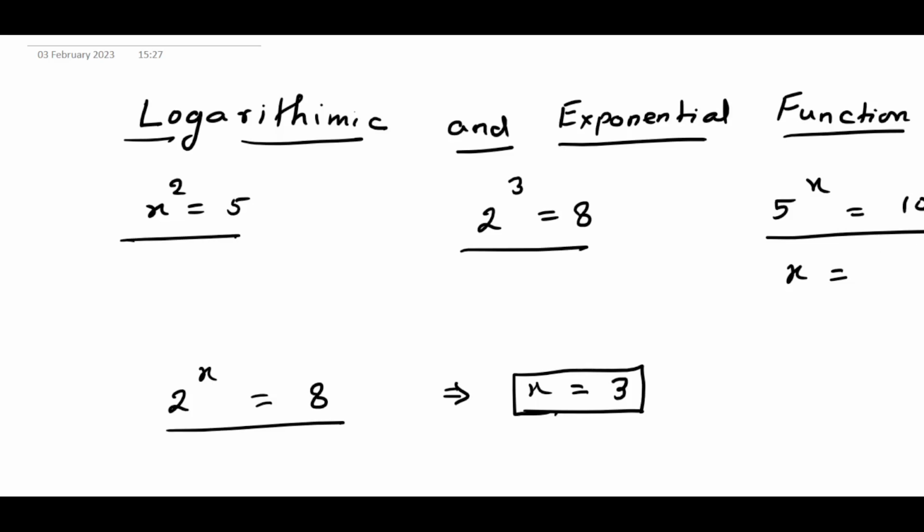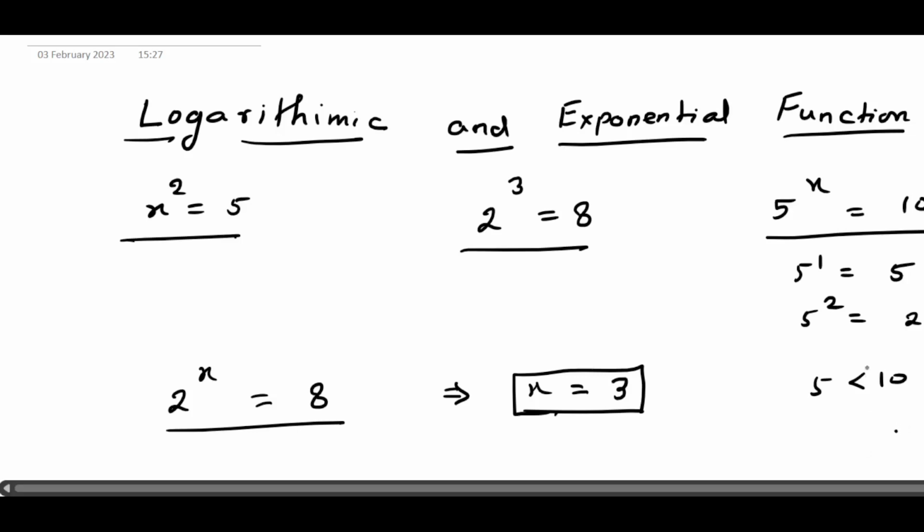Okay. So now here it becomes a little difficult to identify the actual value of x, right? If we know exponential functions only, we can say that 5 power 1 is equal to 5, 5 power 2 is equal to 25. Now this 10 is between 5 and 25.